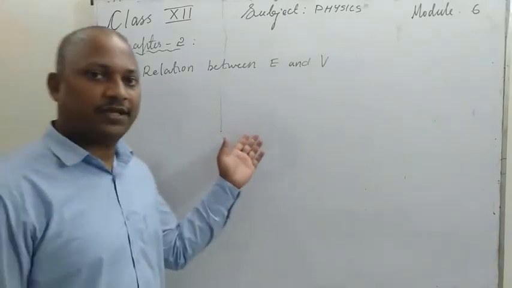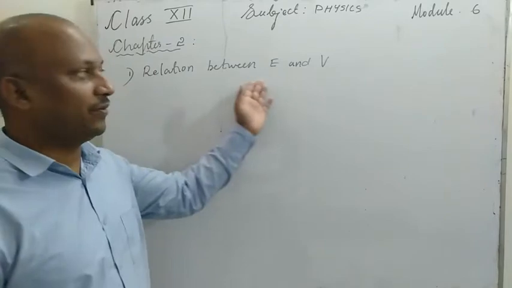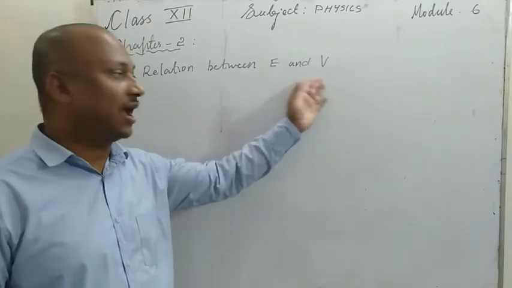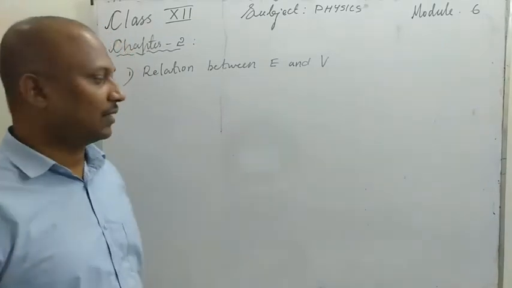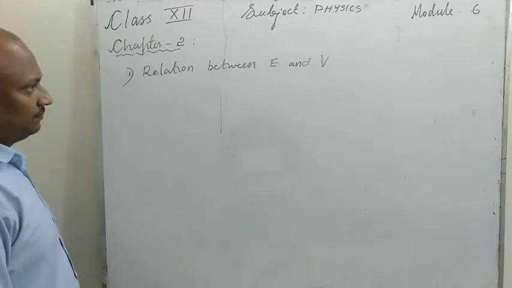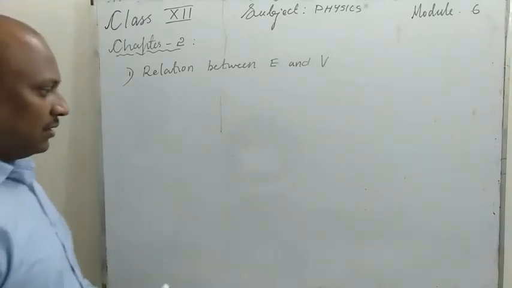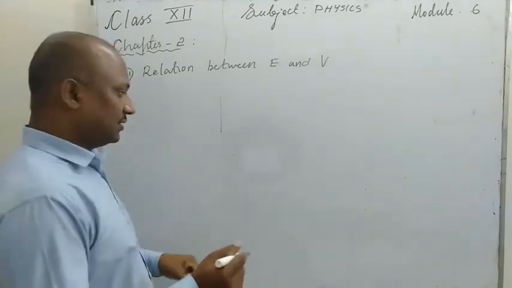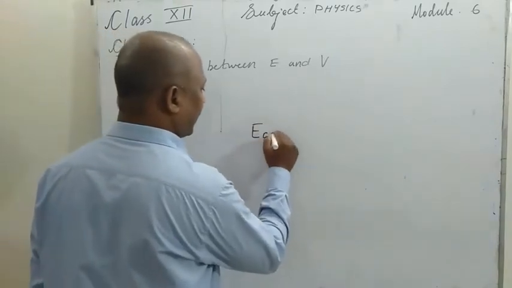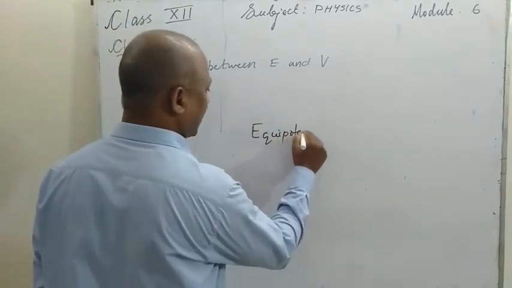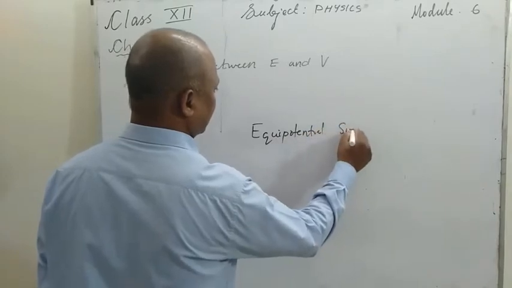The first topic that we are learning today is relation between electric field intensity and electrostatic potential. Before that, let me tell you what you mean by an equipotential surface.